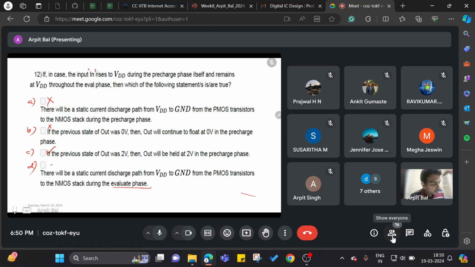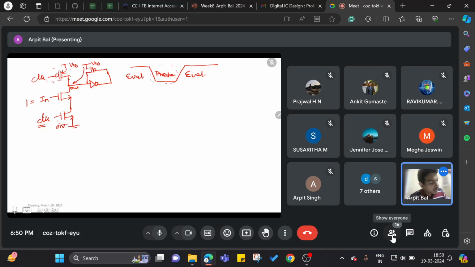Okay. So this option can be true if the input is equal to 1 condition is taken, because if input is equal to 1, then this output is going to be 0, and because of which this inverter will make this one 1.